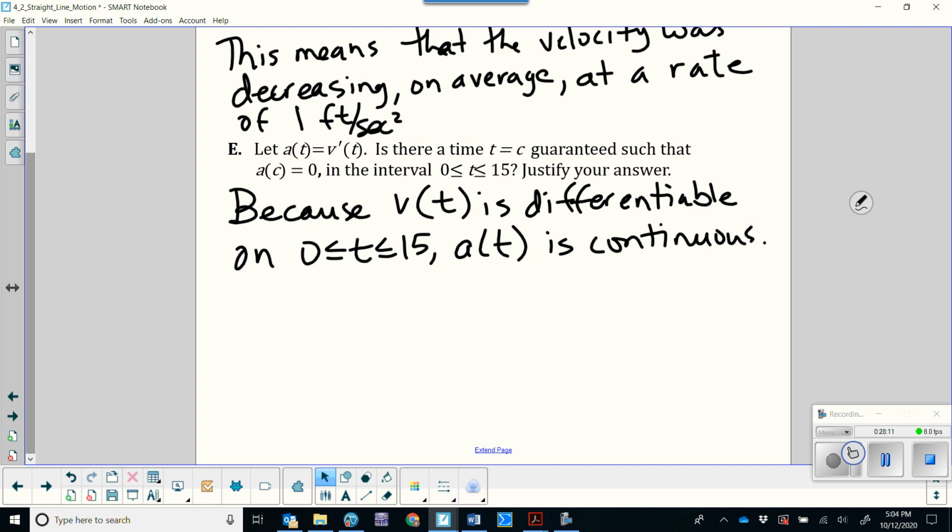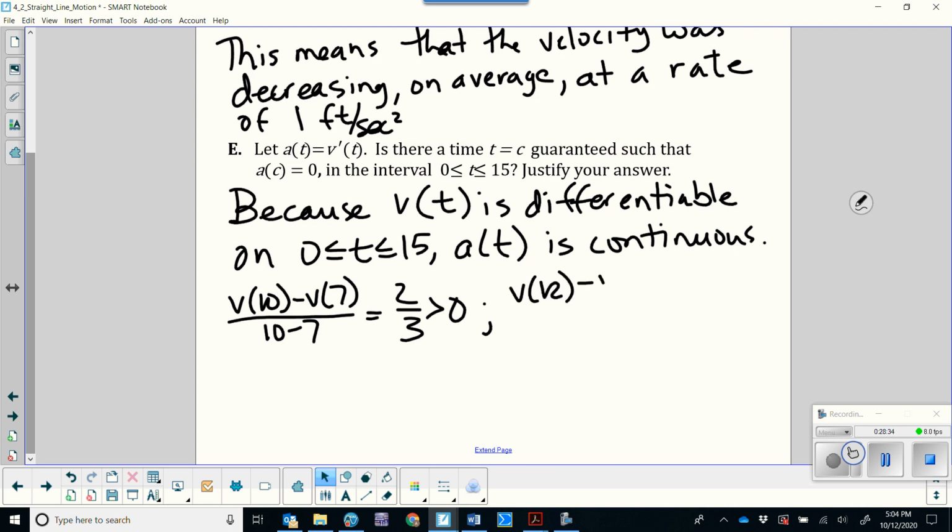And I have to have continuous for this to be true. And so we found that the estimated acceleration at 8 was 2/3, which is greater than 0. And then we also found that if you went from 10 to 12, we got -1, which is less than 0.